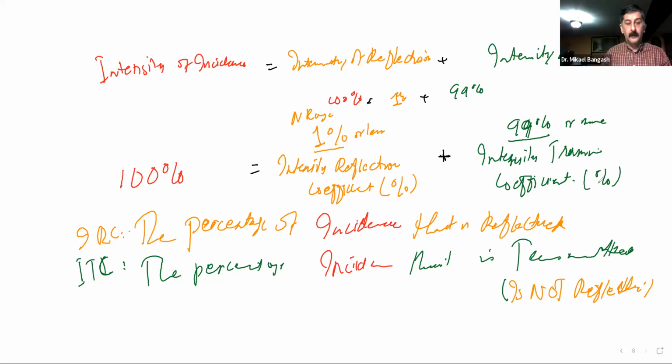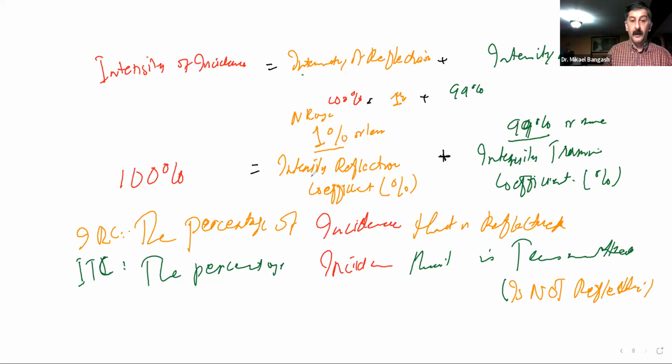So again, if you are given an intensity reflection coefficient, and they ask you to calculate your transmission coefficient, you may just subtract that intensity reflection coefficient from 100%. And that will give you the intensity of your transmission, or vice versa.